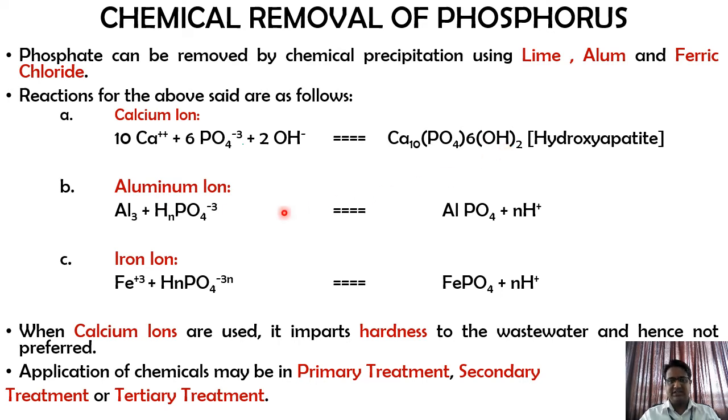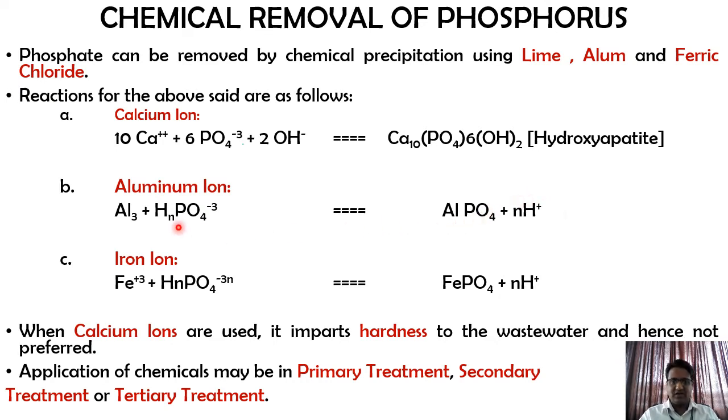You can check here, even with the aluminium ion: aluminium plus HnPO4, where H can be replaced with any of the compounds the phosphorus is attached to while in the dissolved form. These two will react. What will form? Aluminium phosphate plus nH plus. Here H plus, hydrogen, we are taking just as a reference.